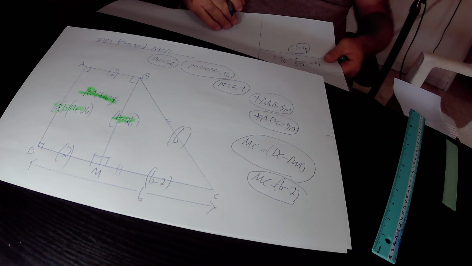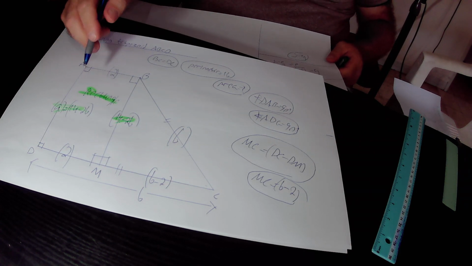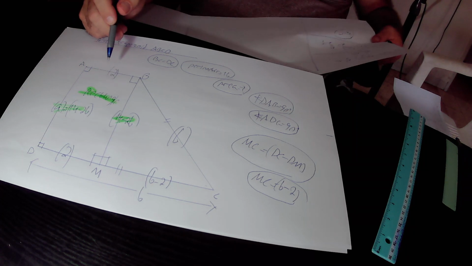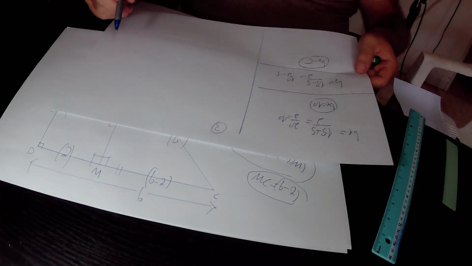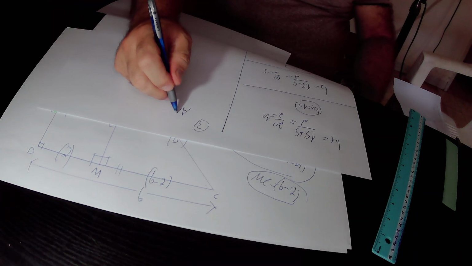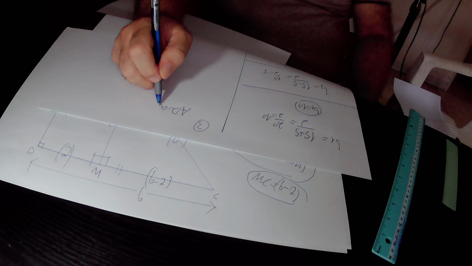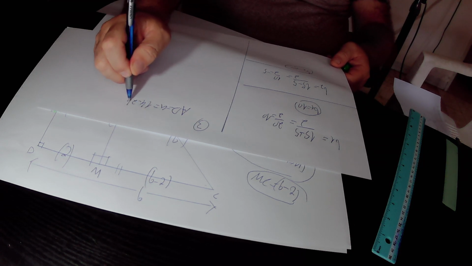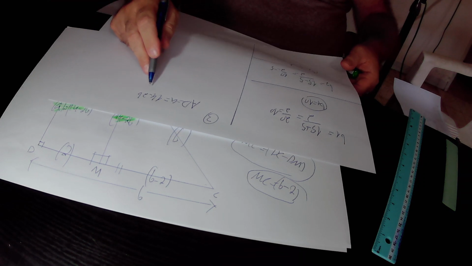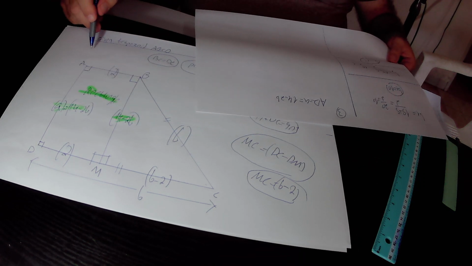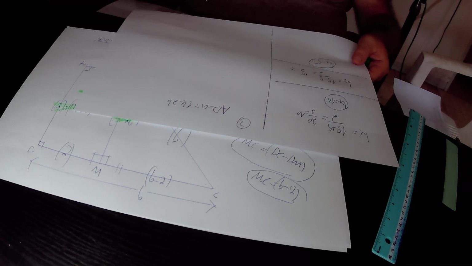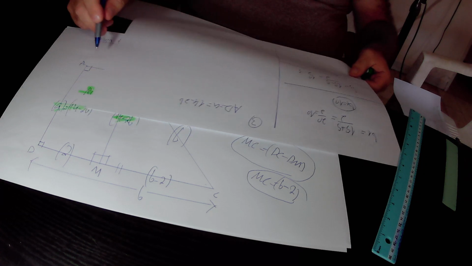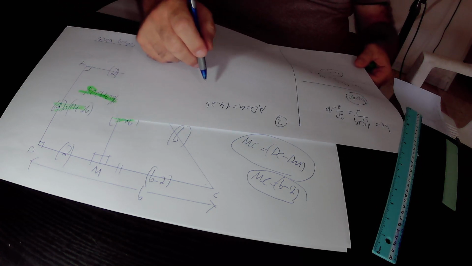So we know that AD equals a, and a equals 14 minus 2b. So I write it down: AD equals a, and we found out that AD equals 14 minus 2b. So 14 minus 2b is the length of side AD, and therefore this expression is a length, it must be a positive number.